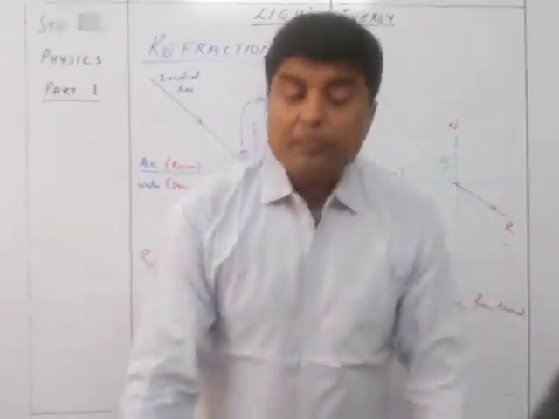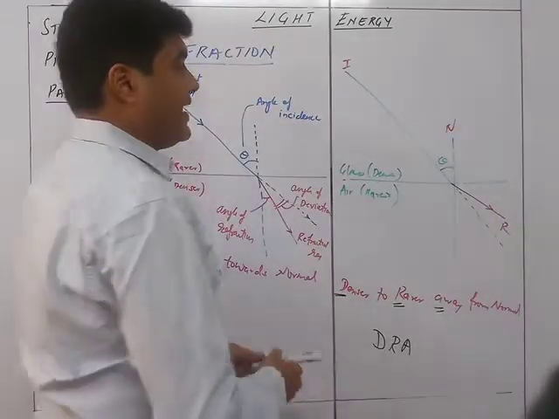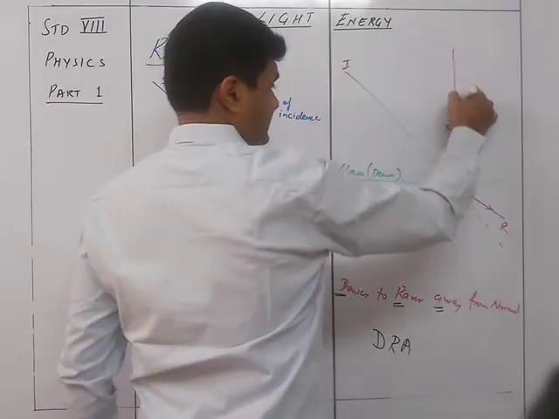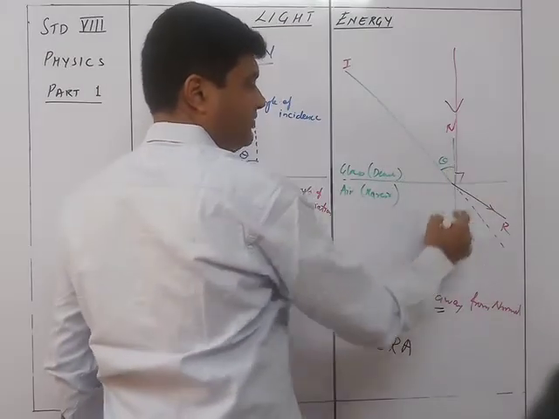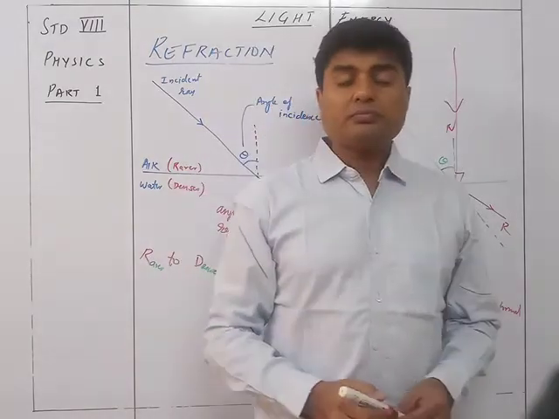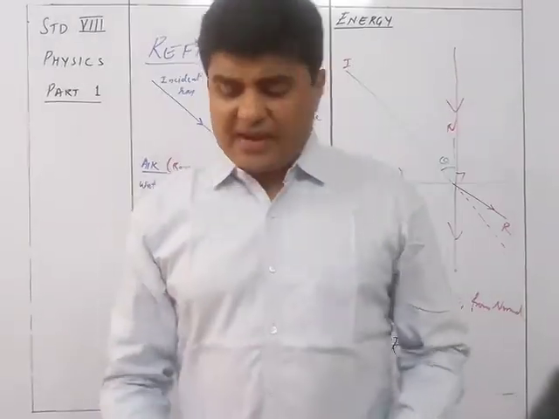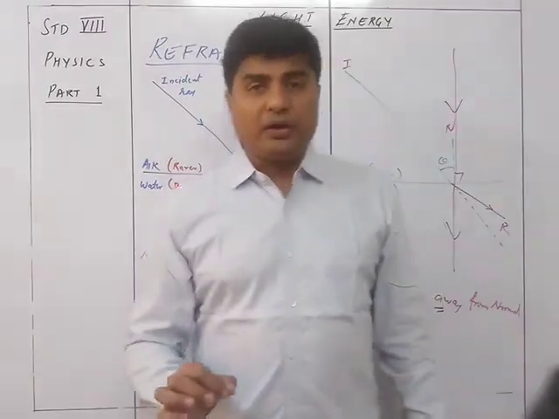Third thing, and very important: if this ray of light would have fallen like this, that is perpendicular, that is 90 degrees, it would have gone undeviated. There would not be any deviation when it travels perpendicular to the surface.